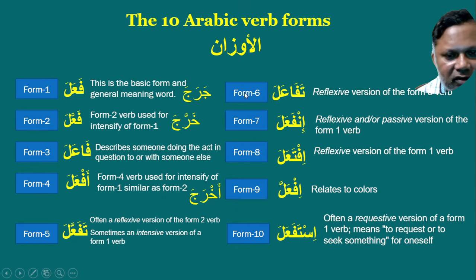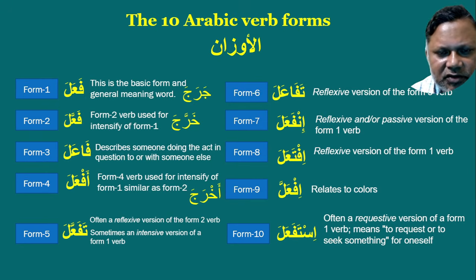These are the frequently used Arabic verb forms. There are also another 5 forms of the verb, but those 5 are very rarely used in Arabic sentences or conversation. So these 10 verb forms we will discuss in detail in our next lesson.